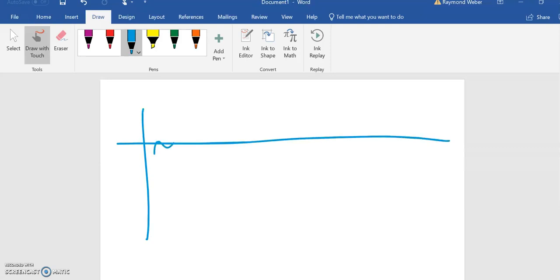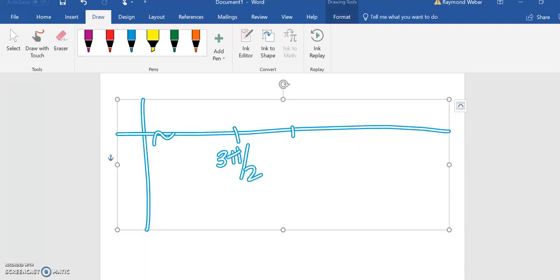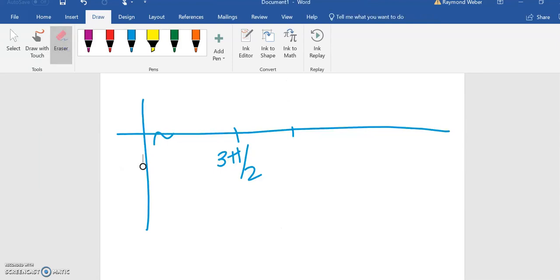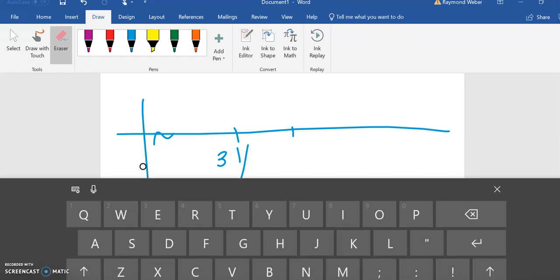So now when I go to graph this, I'm going to kind of give myself a little thing. I'm going to start out here at 3 pi over 2, and actually, hold on a second. It does not like the fact I want to erase.